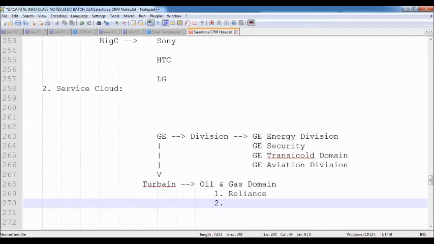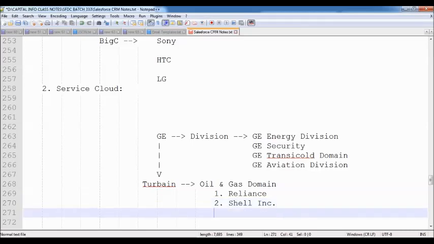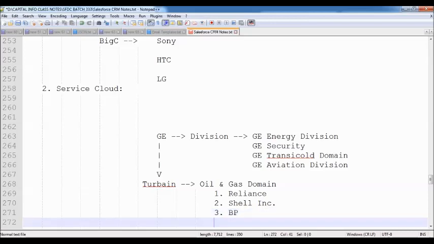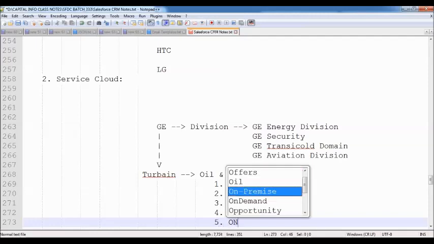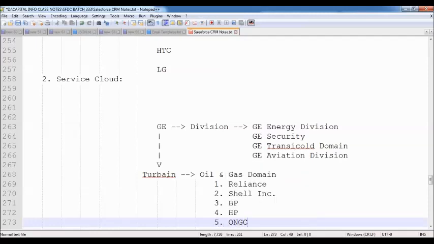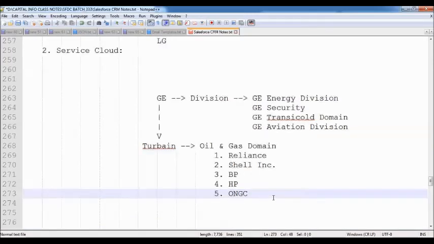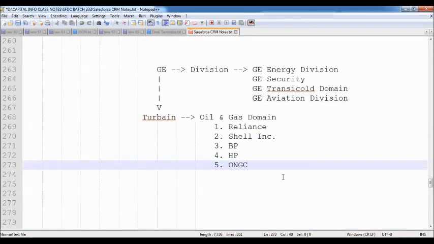And then we have Shell Incorporation, which is also in the oil and gas domain. We have Bharat Petroleum and Hindustan Petroleum, also in oil and gas. We have ONGC, a government organization from India, also in oil and gas.